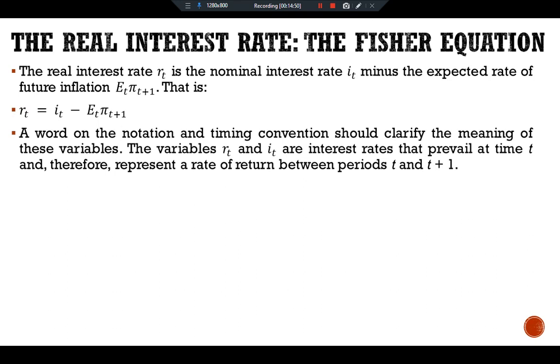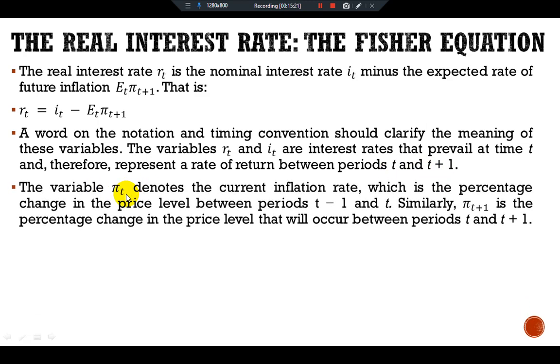A word on the notation and timing convention should clarify the meaning of these variables. The variables r_t and i_t are interest rates that prevail at time t and therefore represent a rate of return between period t and t+1, that is, the present period and the future next year period.